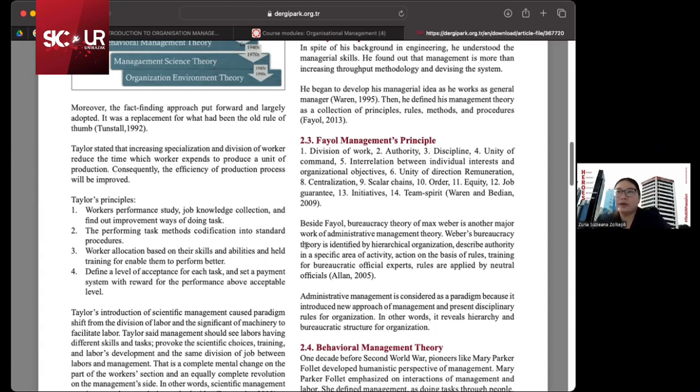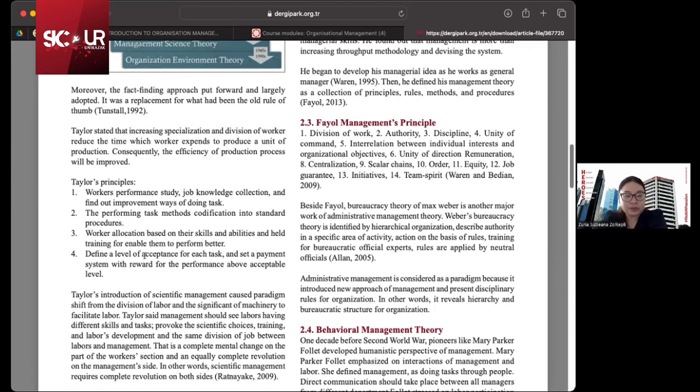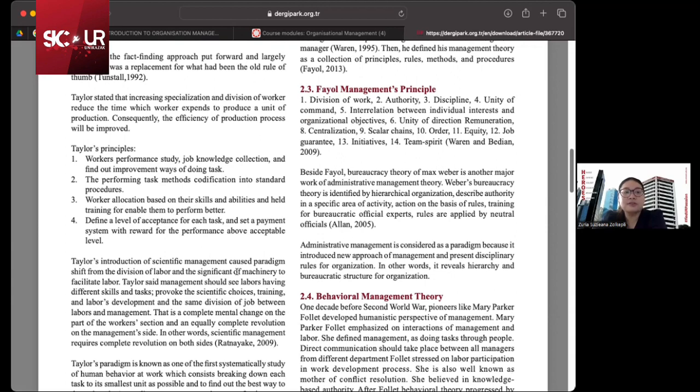So in summary, what Frederick Taylor tried to define is that management is actually the overall policy of a business organization, each and everything that has been outlined, the practices. For example, how to perform tasks, and in terms of job knowledge, the level of acceptance of each task. So Taylor introduced scientific management that caused a paradigm shift from division of labor to machinery to facilitate labor.